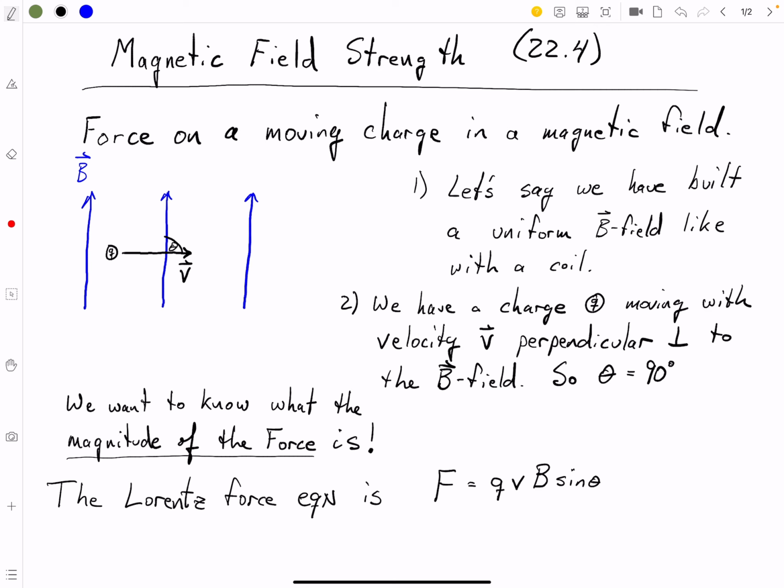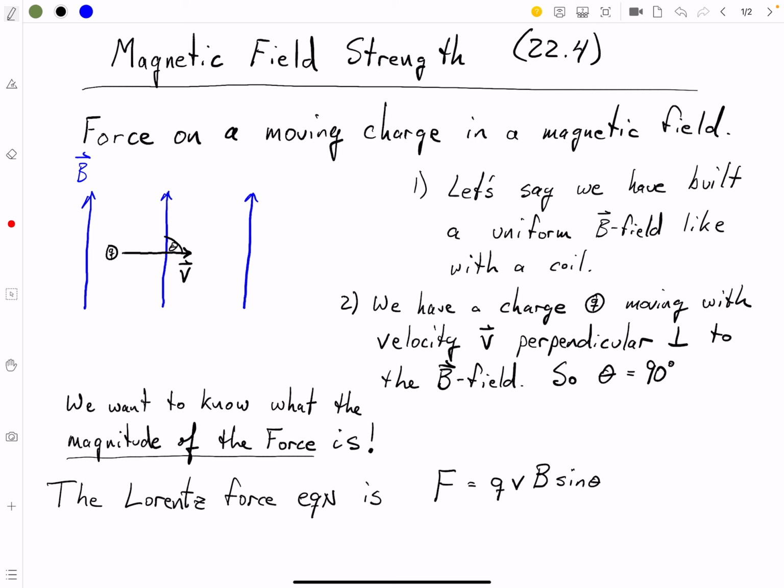Well, we want to do a similar thing and figure out the force on a moving charge in a magnetic field. And of course, charge means that it's an ion or it's something where there's an excess charge on it, right?